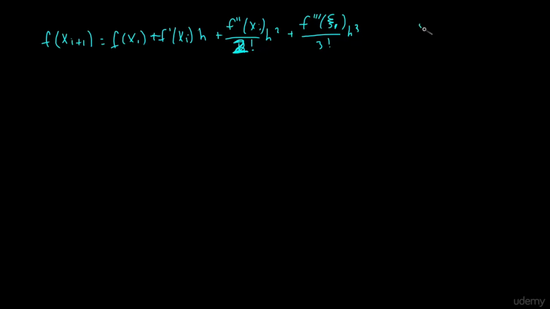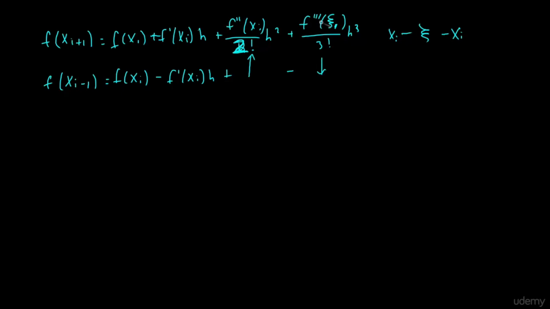The idea here is that xi1 is somewhere between xi and xi plus 1. Now we're going to have the other side, the backward difference. Essentially we'll have xi minus 1 defined as f of xi minus the first derivative at xi times h plus this term, then minus this term.